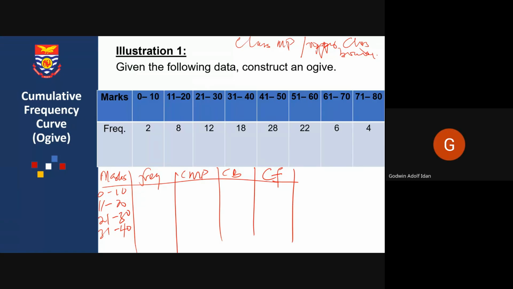So we do minus 0.5, plus 0.5. We're going to have negative 0.5 up to 10.5. Then we get 10.5 up to 20.5. Then 20.5 up to 30.5. And I hope you can complete the rest.